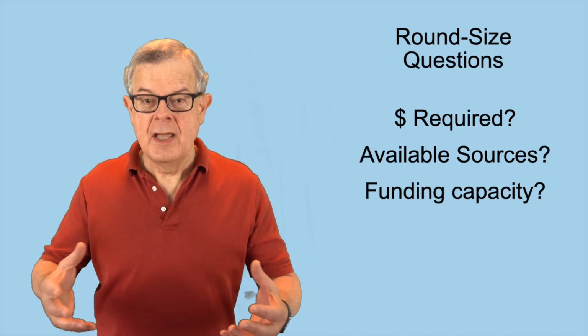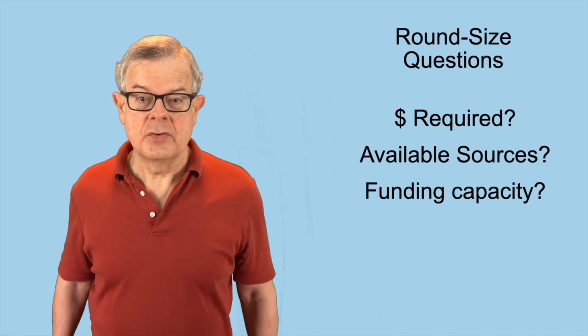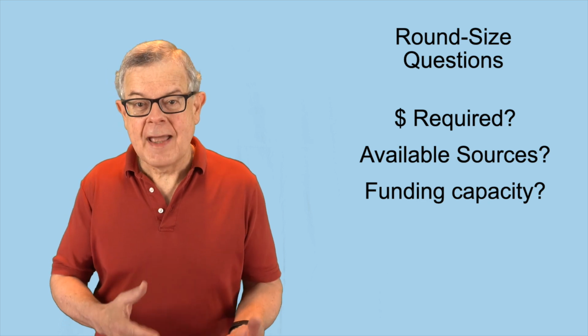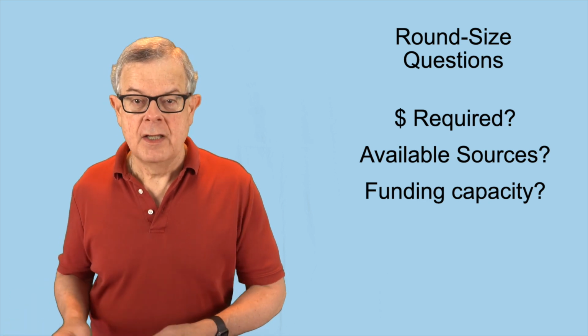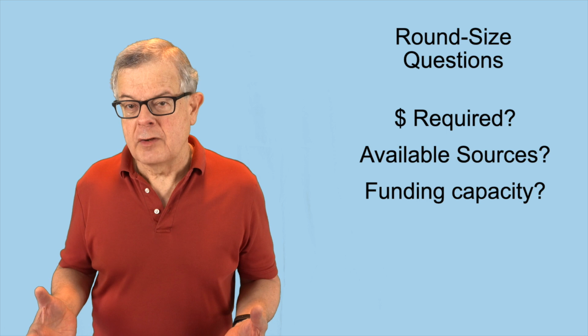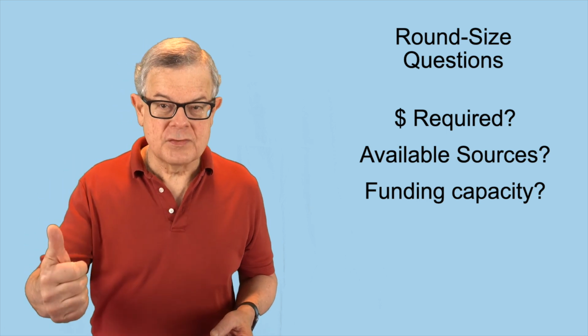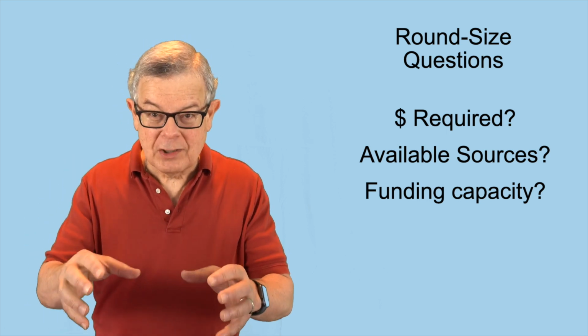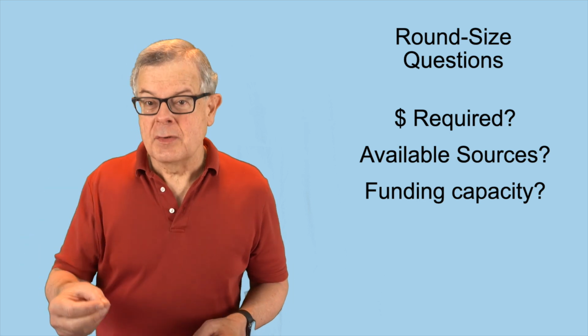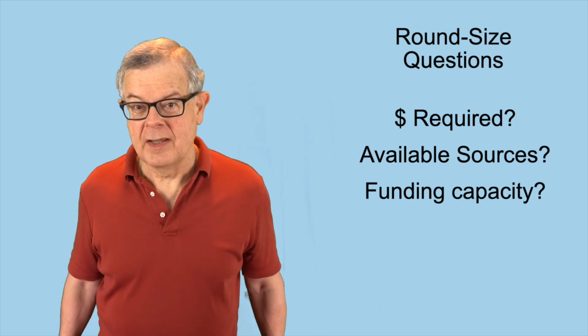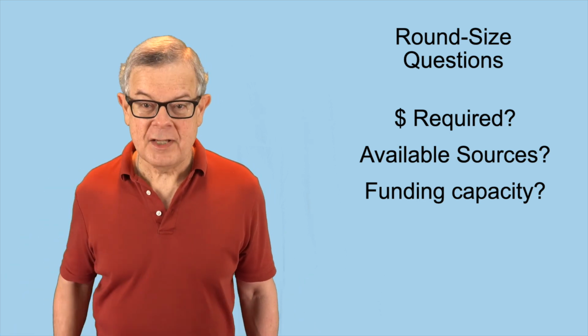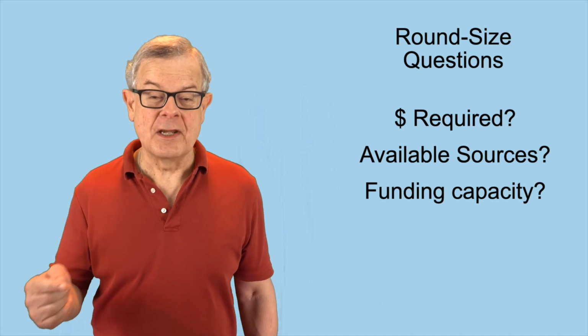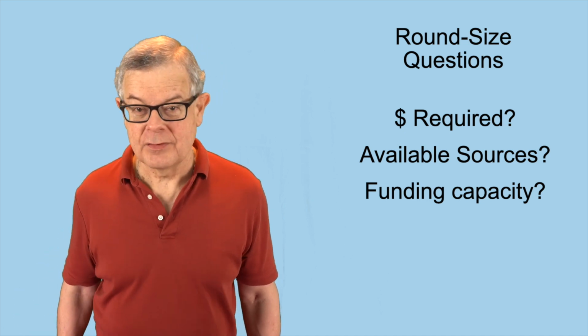You may have to look at a later stage approach like, say, angels to have that kind of funding capacity. So clearly what you're trying to figure out is, of the available sources to you given your stage for this particular milestone, is there a source that has the capacity to provide the funding that you need? You know what you need because you figured that out in the earlier step of figuring out the dollars required.